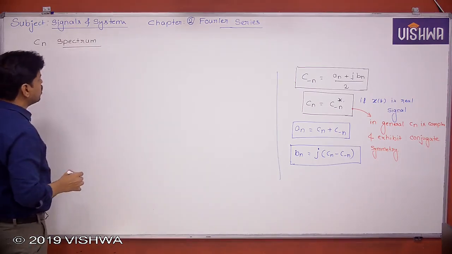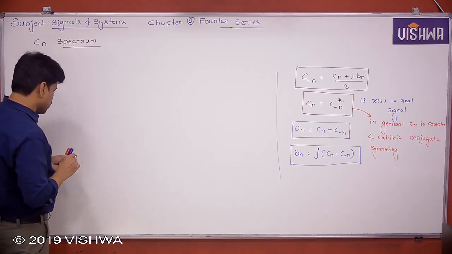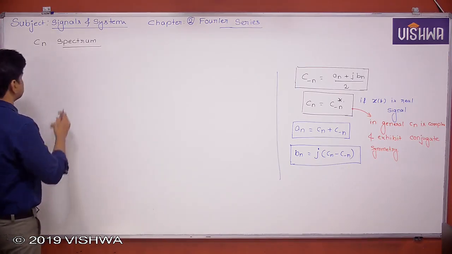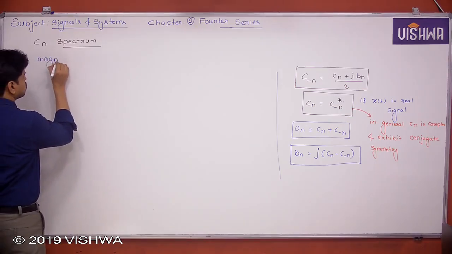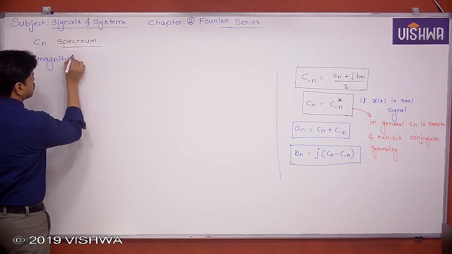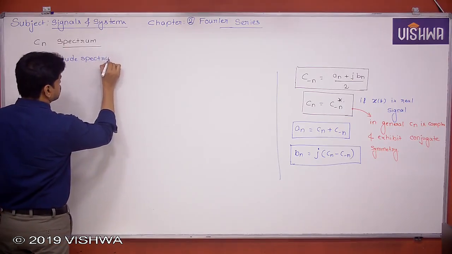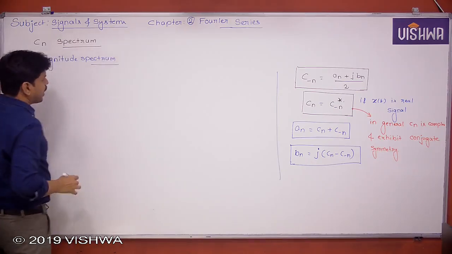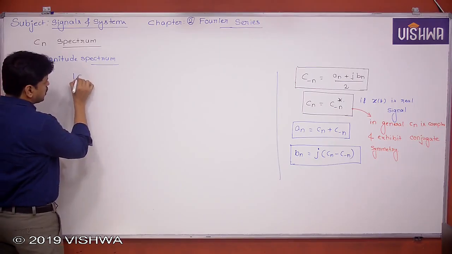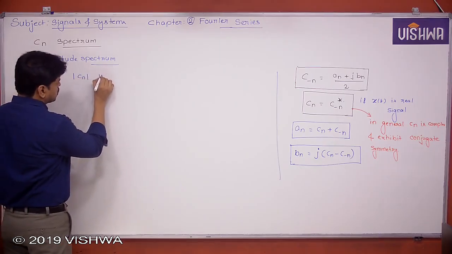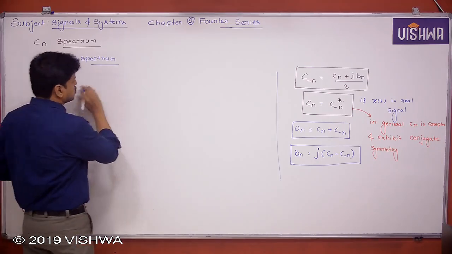Now, I already told you, spectrum means we have both magnitude spectrum and phase spectrum. So let's go with the magnitude spectrum. Magnitude spectrum means we have to take mod Cn versus n omega naught.